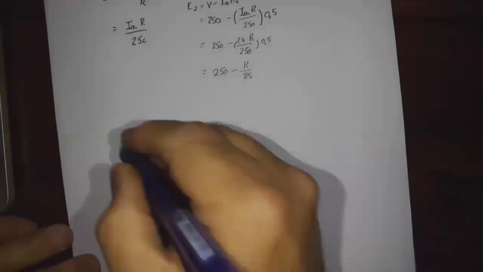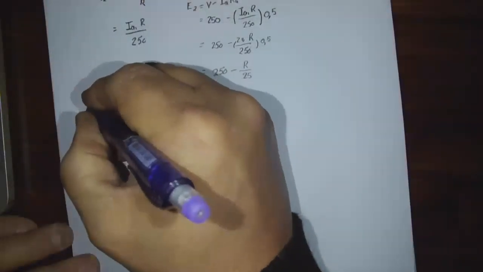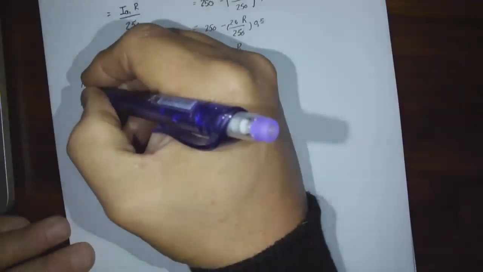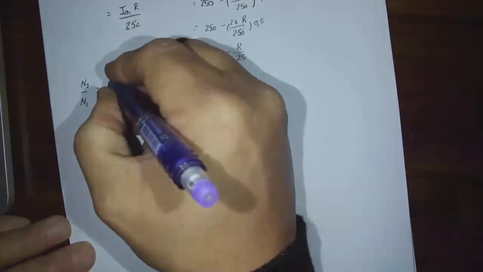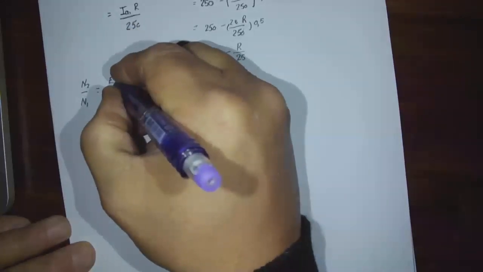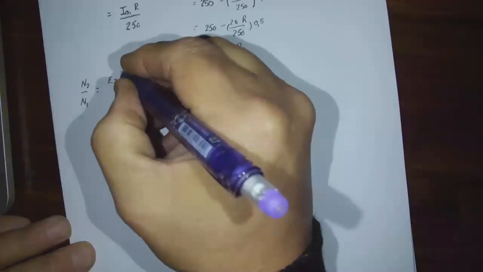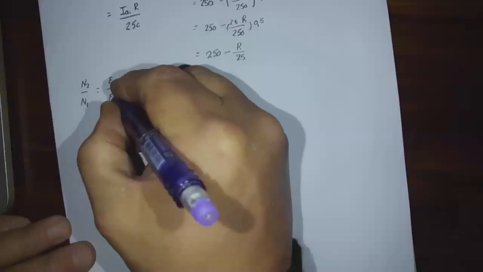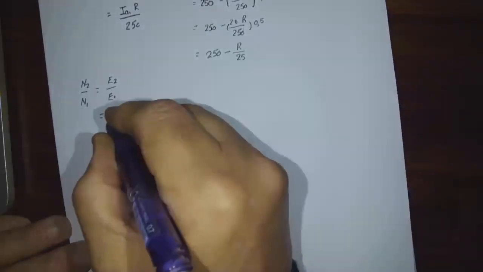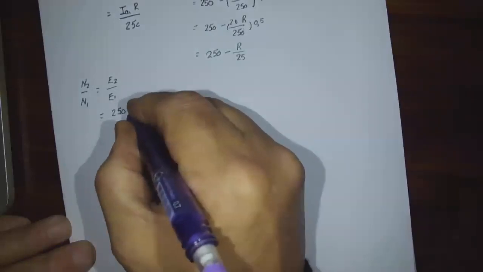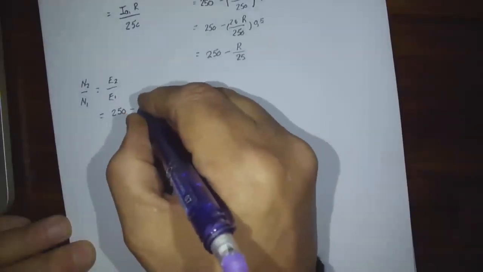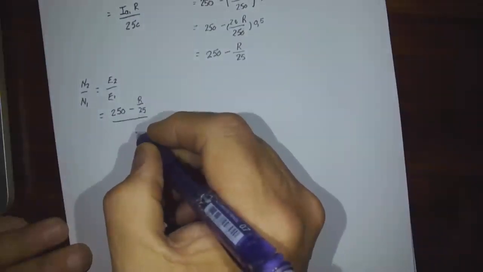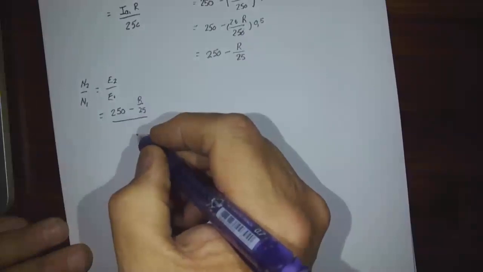Now we must say that N2 over N1 is equal to E2 over E1 times flux 1 over flux 2, sorry. E2 becomes 250 minus R over 25, and E1 was 240.